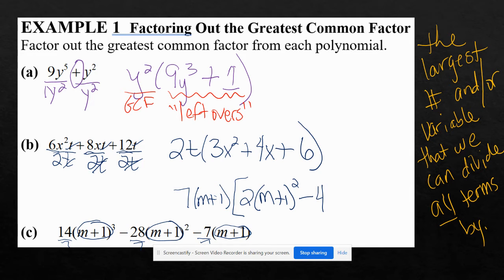This had 2 sets of m plus 1. We're pulling one of them out, so we're left with one set of m plus 1s. Minus 7 divided by 7 is 1. And the m plus 1 we pulled out. And so there is our factored form.